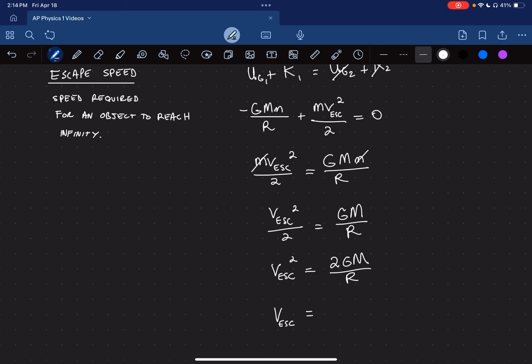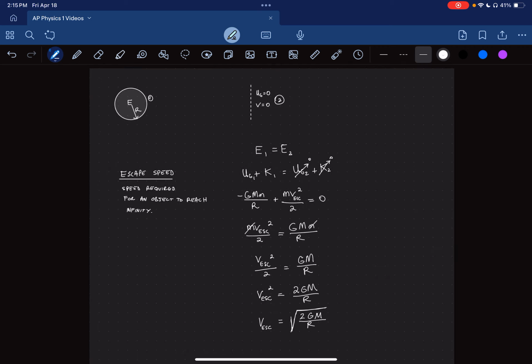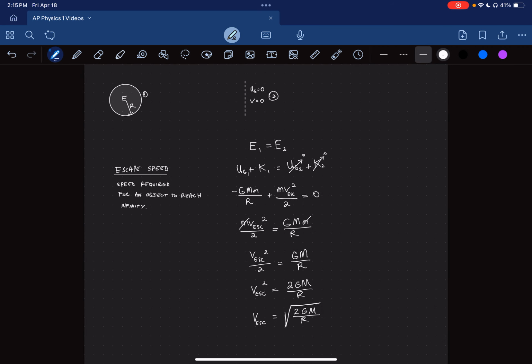Escape speed is the square root of 2 times the gravitational constant, the mass of the Earth or whatever planet we're throwing the rock from, over the radius in this case. But you can also use V escape from somewhere in orbit. It would just be R plus H, something like that.